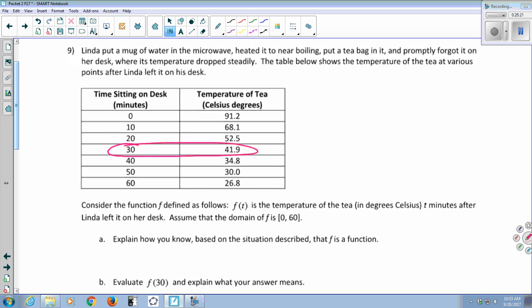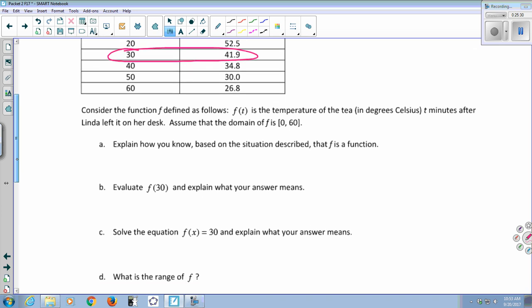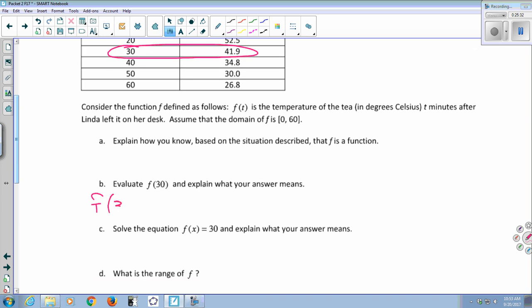So 30 is an input because it's in parentheses. So we look for 30 in our input column, and we get 41.9 degrees. And what that means is that after 30 minutes, the tea is 41.9 degrees. I'm not going to write it down just to save some time, but it is written in the answers.